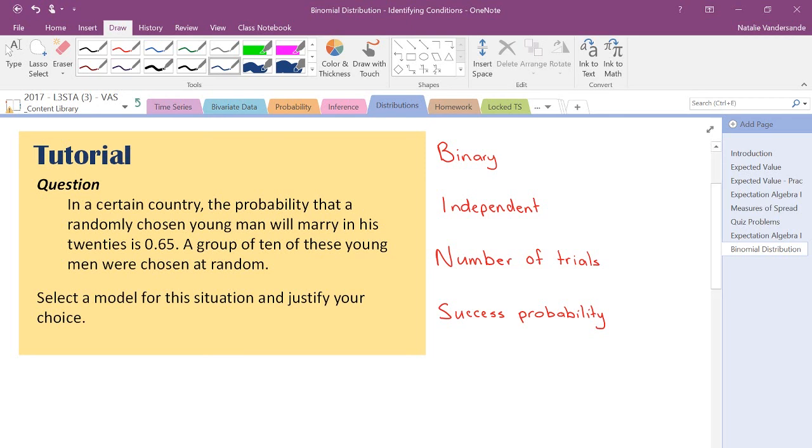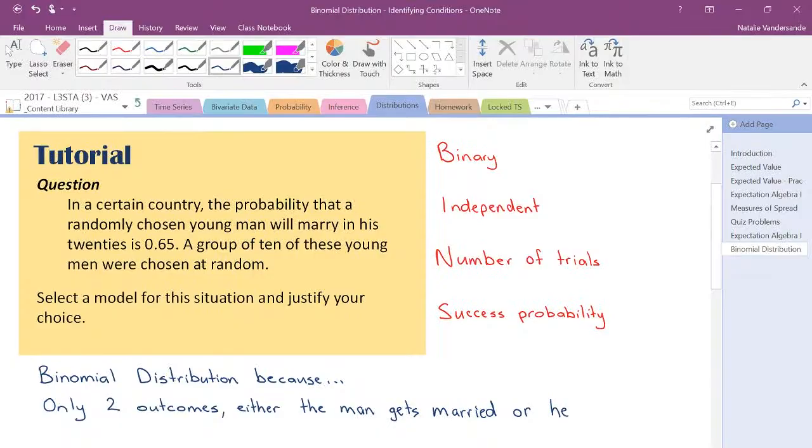So we have chosen a binomial distribution because we have only 2 outcomes. Either the man gets married or he doesn't.